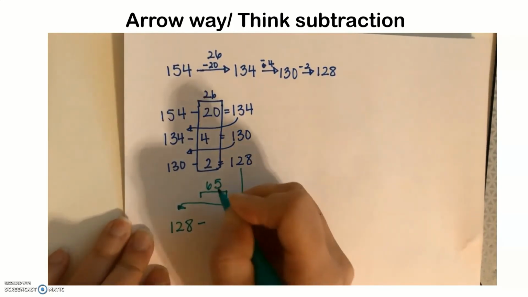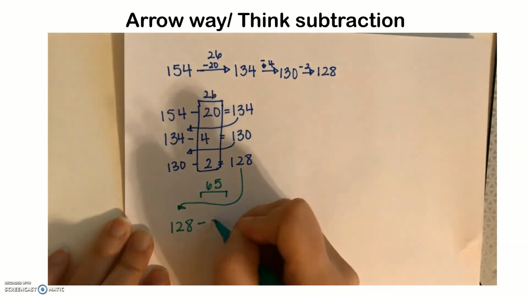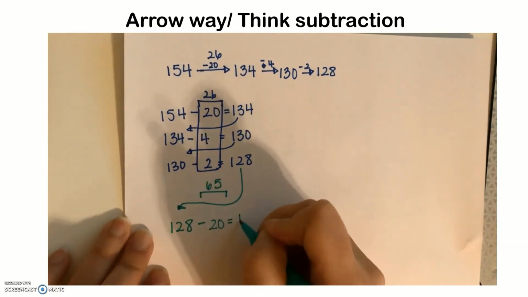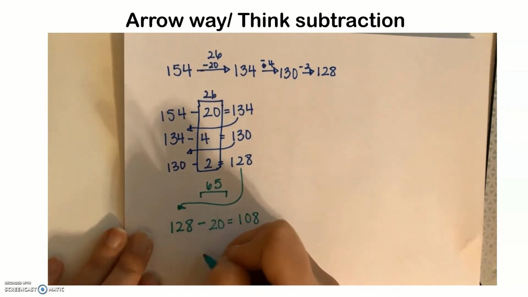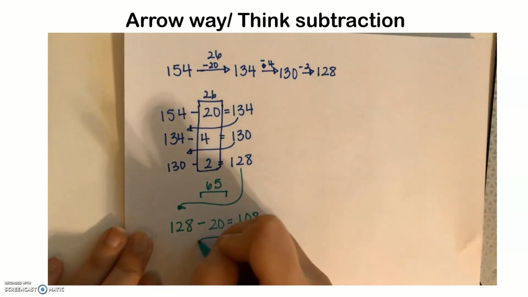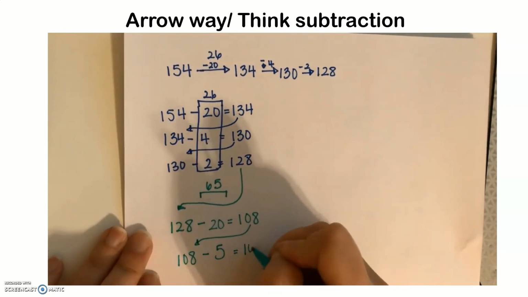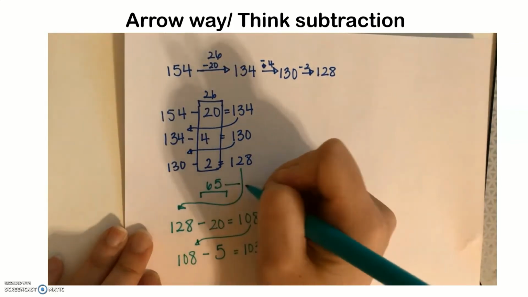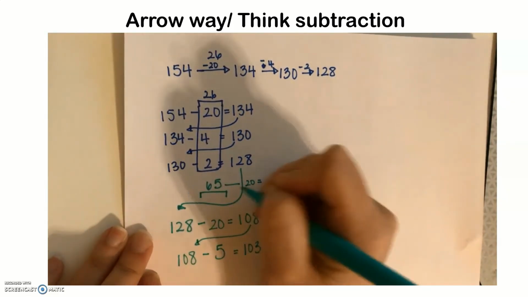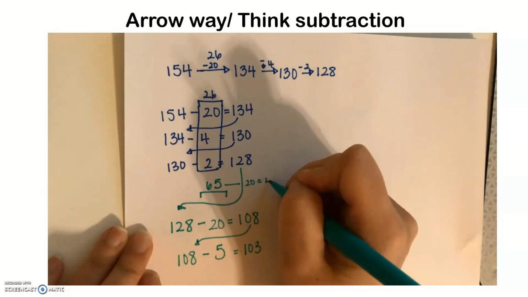128, you're going to take away, I'm thinking we should take away a 20, so we can get down to 108. Then maybe we should take away a 5. To get to 103, but that's 25 right now. So what we did was, we took away a 20, we got down to 45.